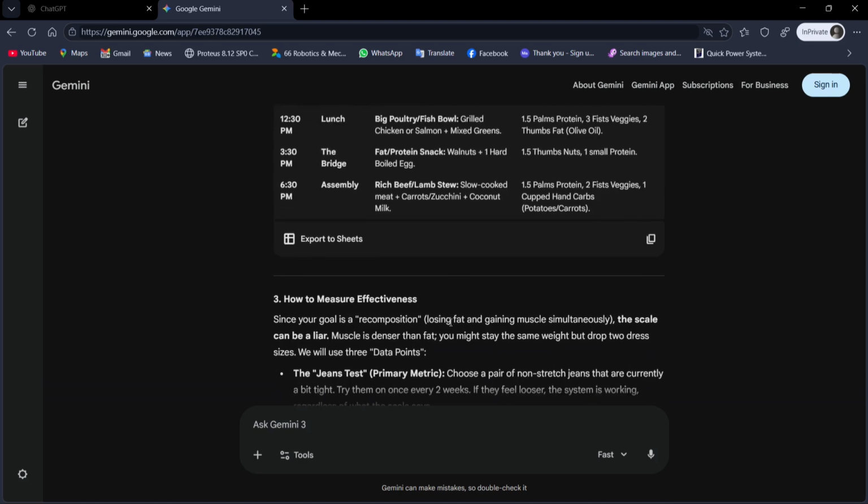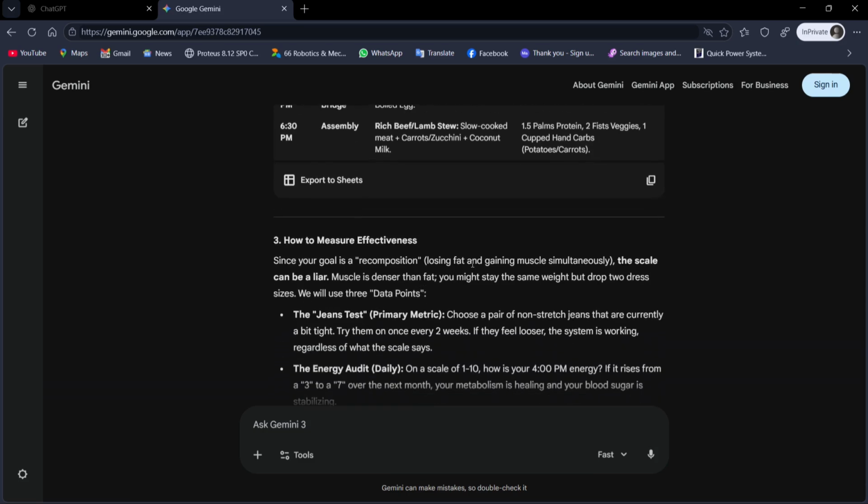So how to measure effectiveness? Since your goal is a recomposition, losing fat and gaining muscle simultaneously, the scale can be a liar. Muscle is heavy. And that's true. There are some people who weigh over 120 kilograms, but they are not obese. They are not chubby. They are very, very fit. They are very, very muscular, right?